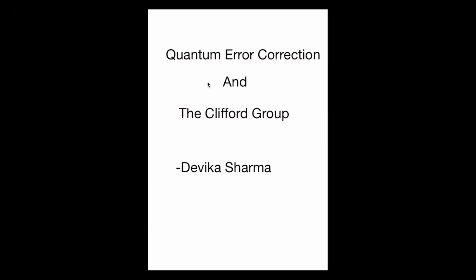Then I will describe why quantum error correction is needed and how we do it with an example. In the meantime, I will show you here and there how the Clifford group comes in. It's always present. It's an elephant in the room, where if you address it, then it works to your advantage, but it's always present.